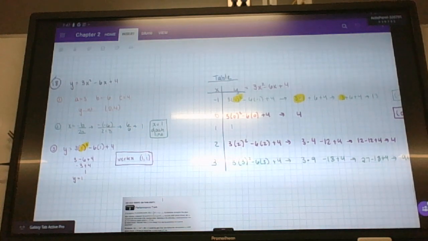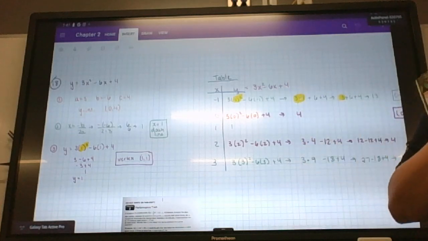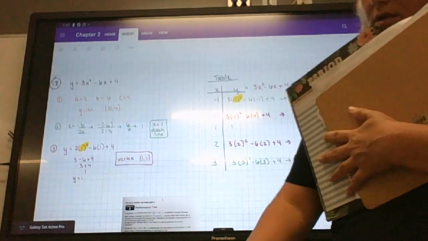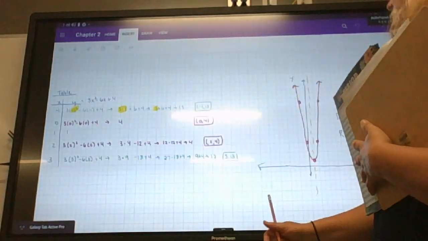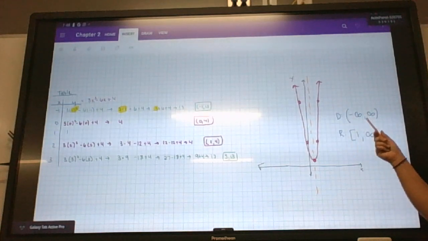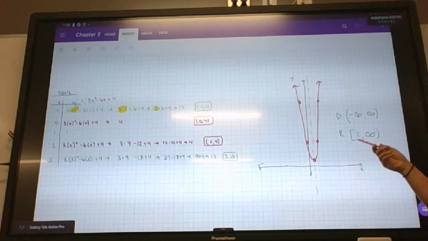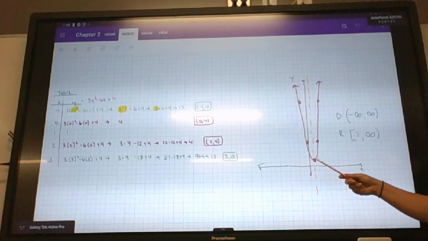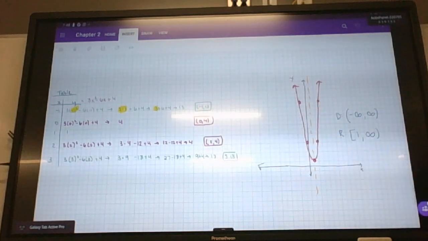Any questions on 18 right now? Any of these numbers that came out? Scroll slightly. So here's the picture I'm looking for on 18. The domain for all of them is negative infinity to infinity. The range is always the y value of the vertex. When I look at y, it starts at 1 and it's everything higher. So it goes from 1 upwards.